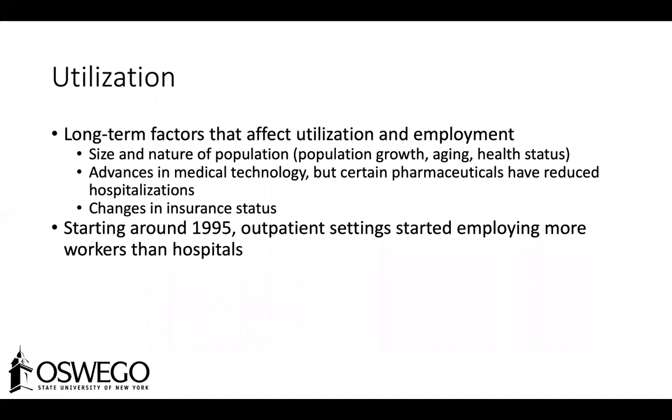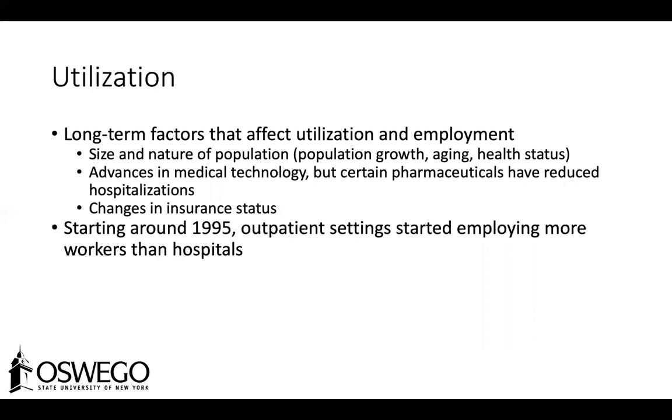Long-term factors that affect utilization: first and foremost, the size and nature of the population: growth, aging, health status, healthier communities. If we think about those blue zones, communities that are really healthy and live active lifestyles, we're going to see that they have lower discharge and patient day rates.